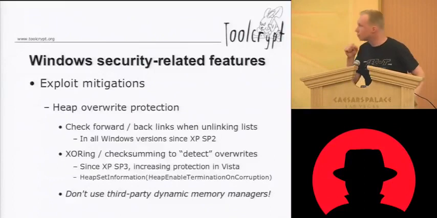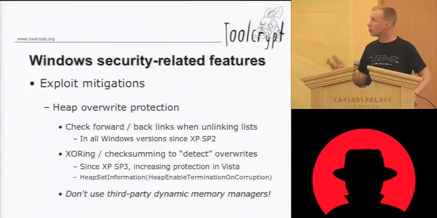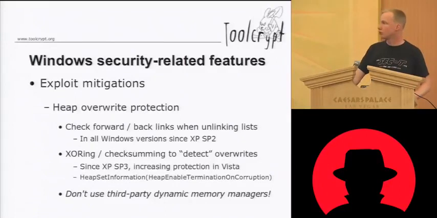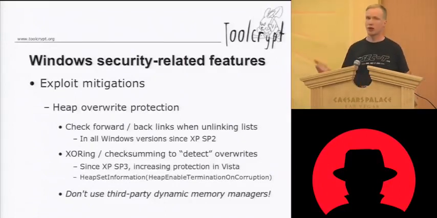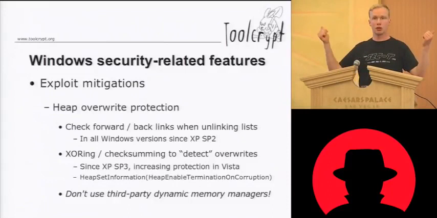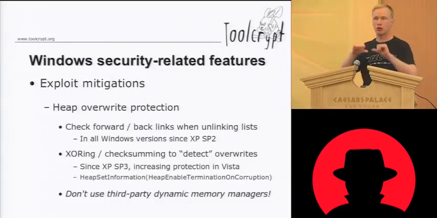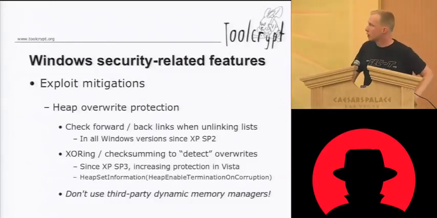So you've got forward and backward links that are spliced in, and if you can overwrite this metadata on the heap, then you can actually use that to overwrite arbitrary values in memory. And an easy check is just to check that the forward and backward links are actually pointing to two chunks that are pointing back to the original chunk, to make sure that the links you're following aren't being forged.